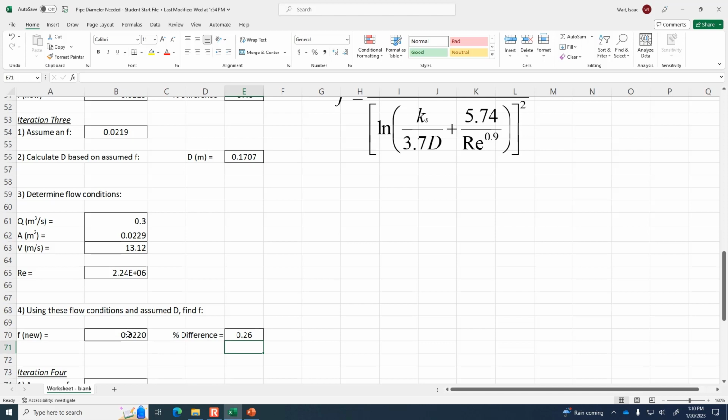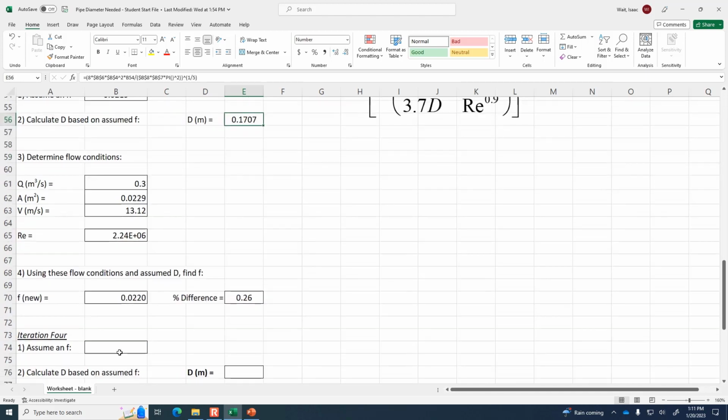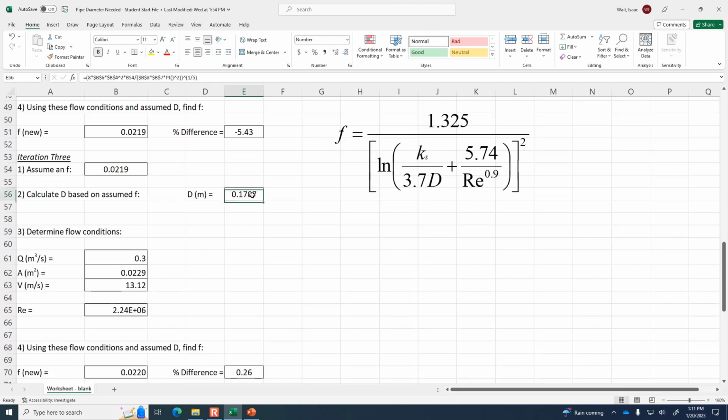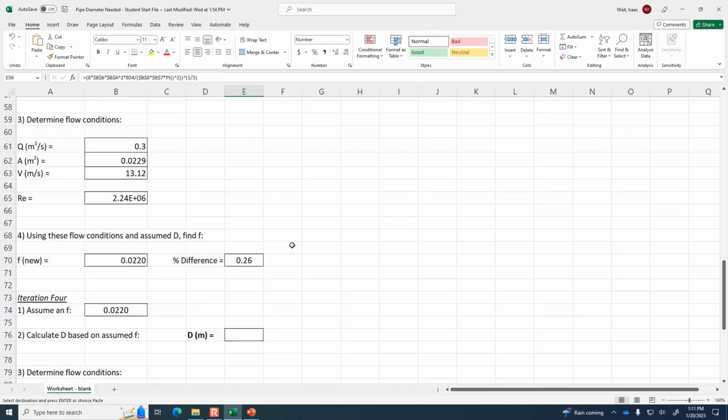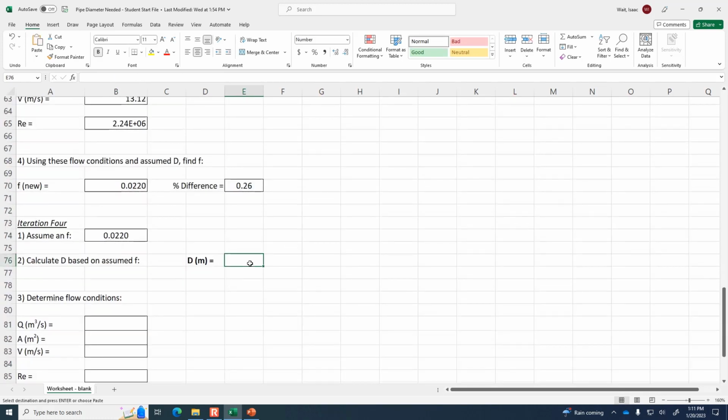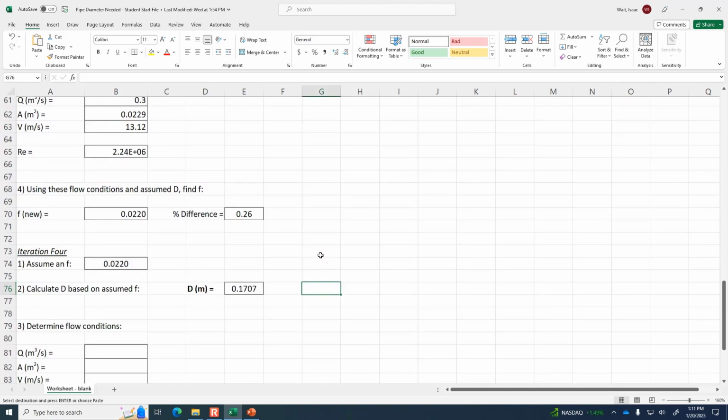And just to illustrate that the solution is converged, what if we did this one last time? Let's see how does the diameter change if we adjust it one last time. So now, with this most recent F value, let's do it again by pasting the formula for D, Control-C, down in here, Control-V. The diameter didn't change.